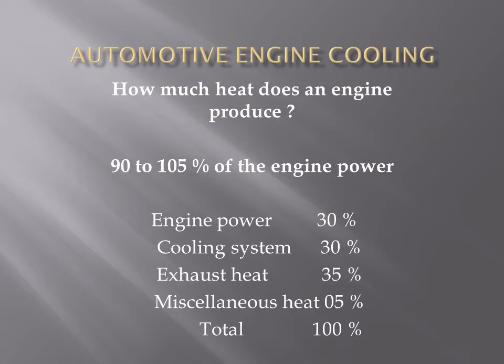Right, now how much heat does an engine produce? And the answer is 90 to 105% of the engine power. If we look at the energy breakdown below, from the fuel we see that about 30% of the energy goes to engine power, another 30% to the cooling system, 35% to exhaust heat, and 5% miscellaneous, in other words, radiation from the engine block.